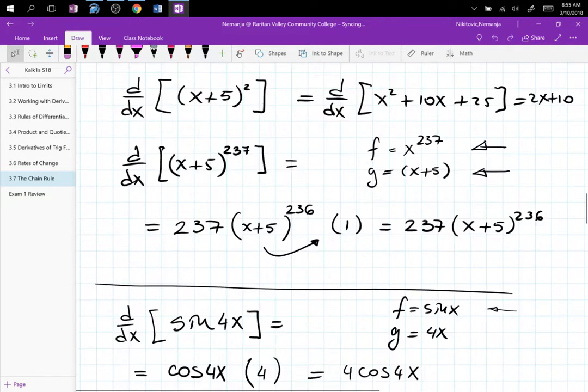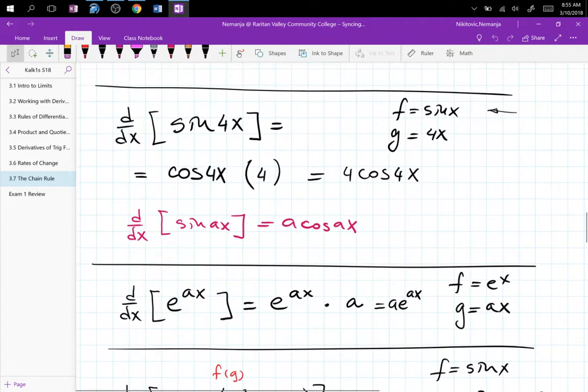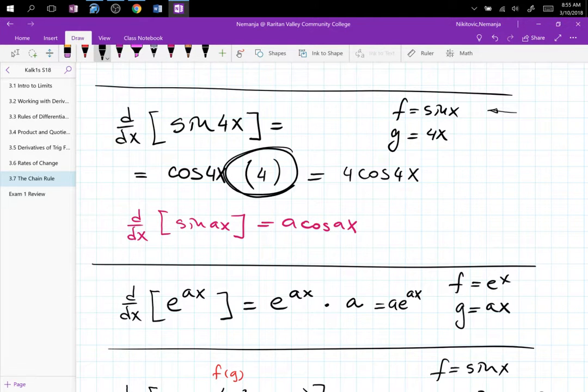So the example of that was x to the 5. That's a bad example. But example, sine 4x. So sine x is the outer function. We take the derivative of sine, which is cosine. So this is that first part where you take the derivative of the outer function. And then times g prime.